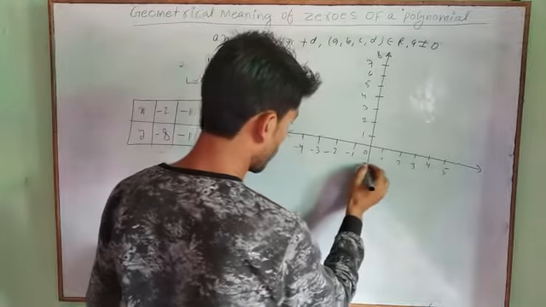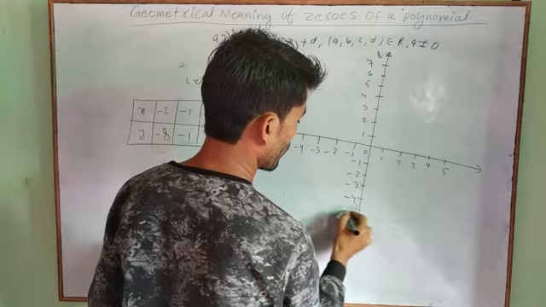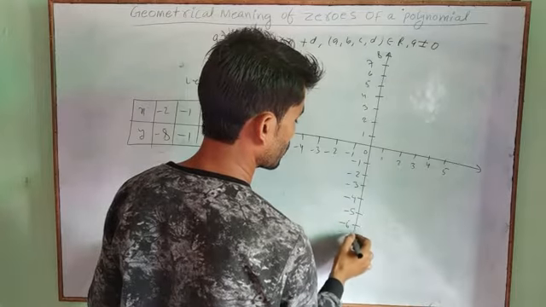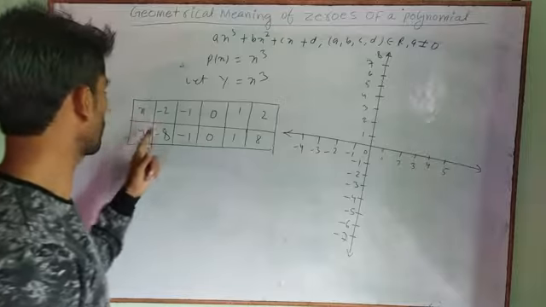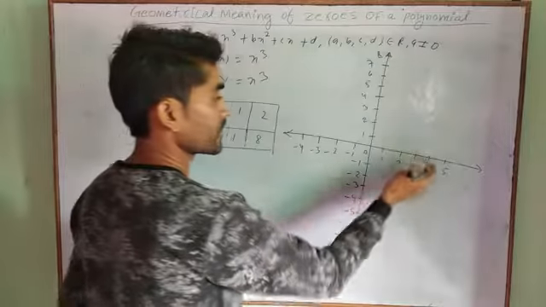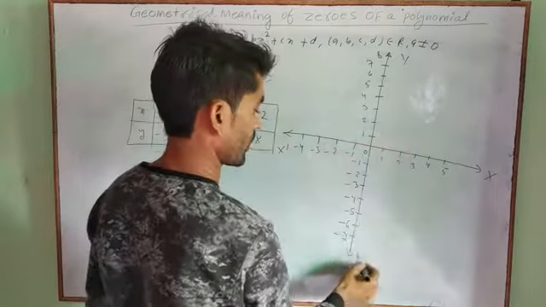Downward, negative values we will take: -1, -2, -3, -4, -5, -6, -7. Okay, so let's look at the points here.